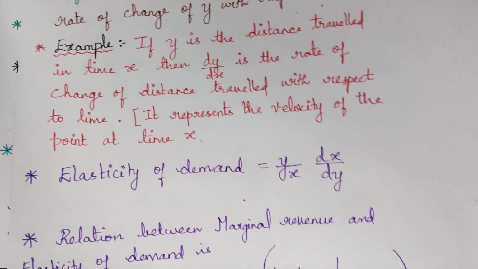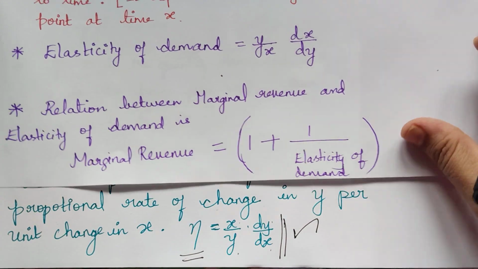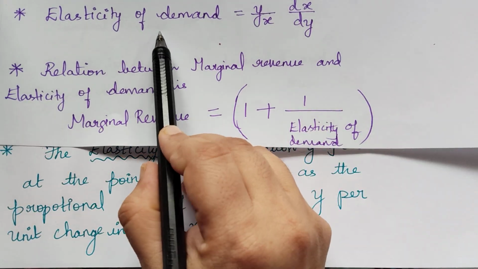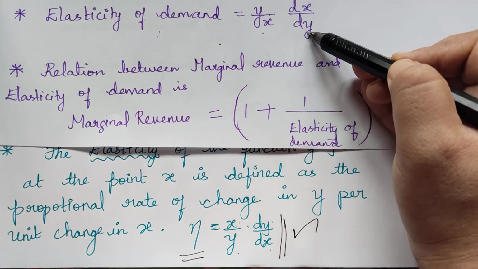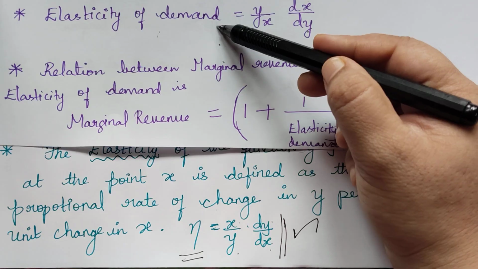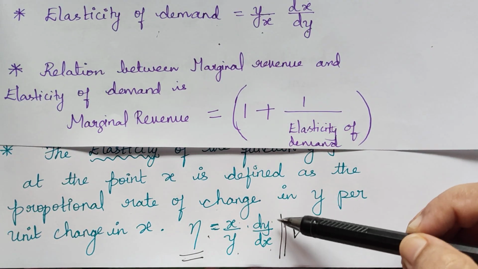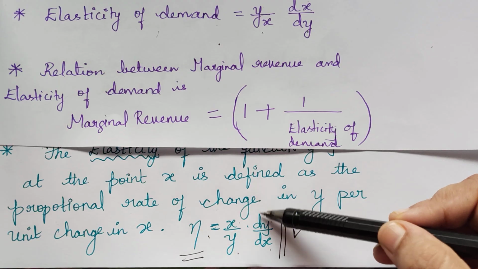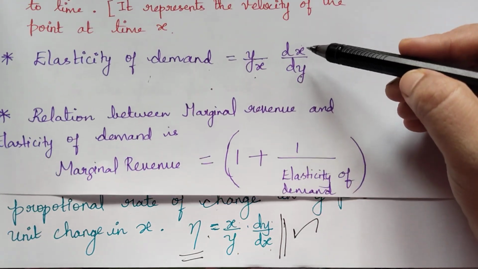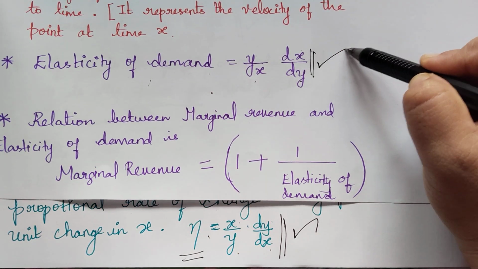Using this, we have the concept of elasticity of demand. Now, what is elasticity of demand? The formula is given by y by x dx by dy, that is the reciprocal of the elasticity eta. So that gives us the elasticity of demand.